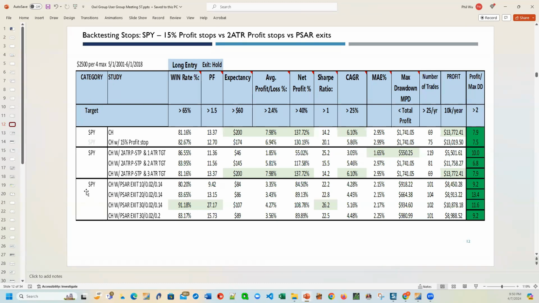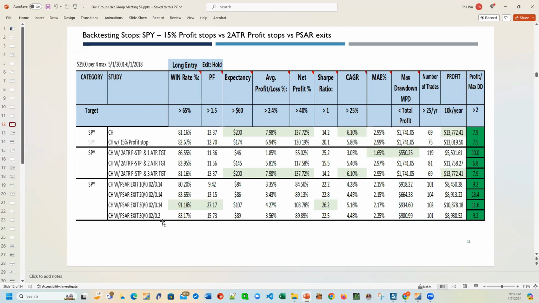And this next grouping is, instead of using the ATR, to use the PSAR exit. So PSAR exit, assuming a 10 period, 20 period, 30 period, and then 30 period but changing the acceleration limit. So this is just tweaking the different parameters to see if there are other combinations.